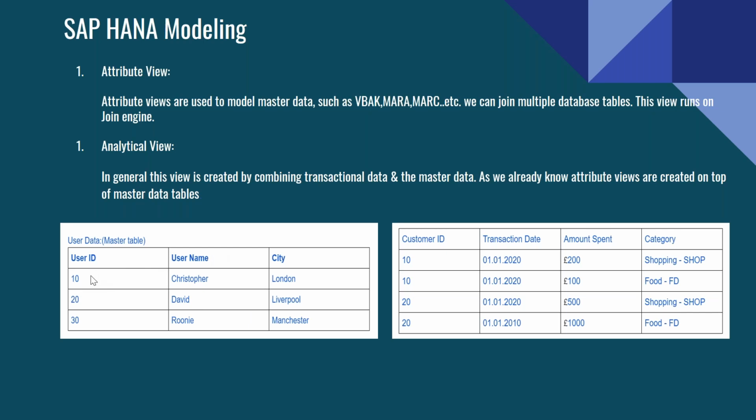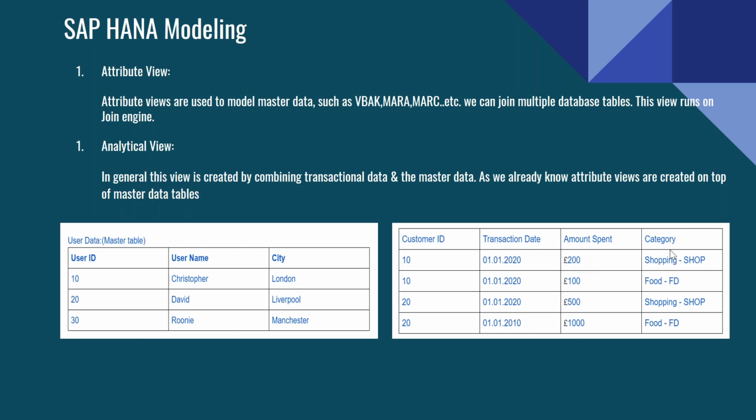If you want to track how much amount is being spent by this customer daily, take user ID 10. In the right table, we have customer ID 10, where we are capturing the transactional data. So this is a transaction table. For this user, on this date, he has spent 200 euros.